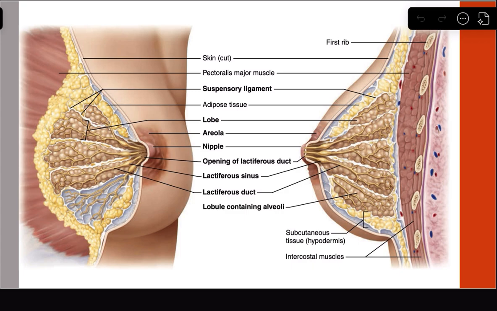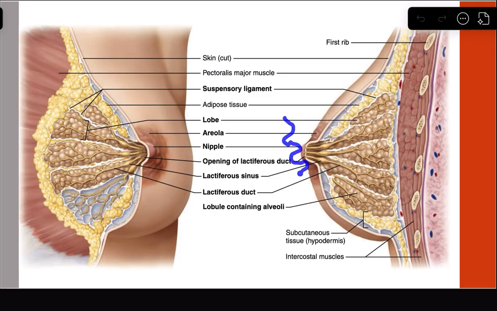Of course, we're going to have the breast tissue in front of the pectoralis muscles, and it's going to be attached to the body, to these pectoral muscles, by connective tissue. Slightly below the center of each breast is going to be a pigmented area known as the areola, surrounding a centrally protruding nipple. This is what the baby latches onto while breastfeeding.